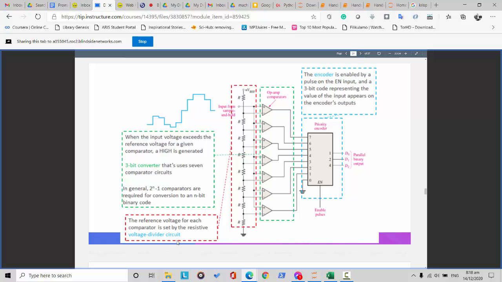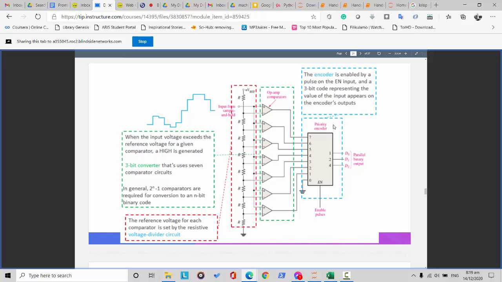So we see here a voltage divider circuit, which provides the reference voltages. For each comparator, we need to set resistance. And then after the operational amplifier comparators, they are all connected to this integrated circuit, or IC, which we call the encoder.